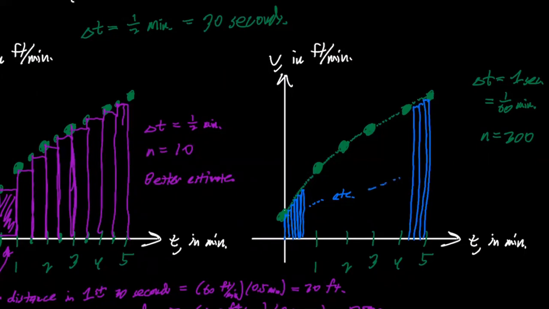What you can imagine is that you're going to get a very good estimate, and it's also looking like the area under the curve, because there's a curve made up by the velocity function, and you're getting the area under it. So it's a good estimate of the distance, but also of the area under a curve.